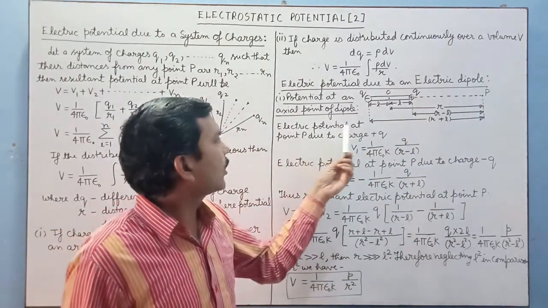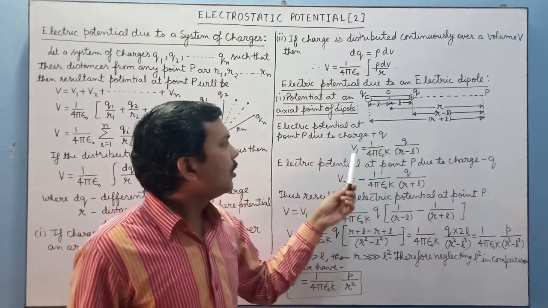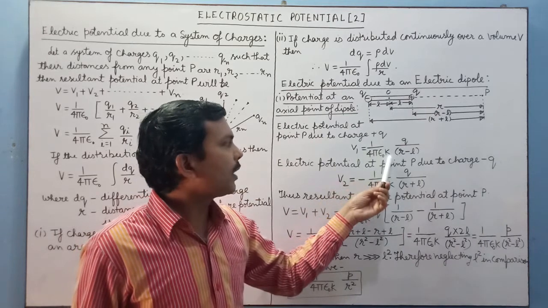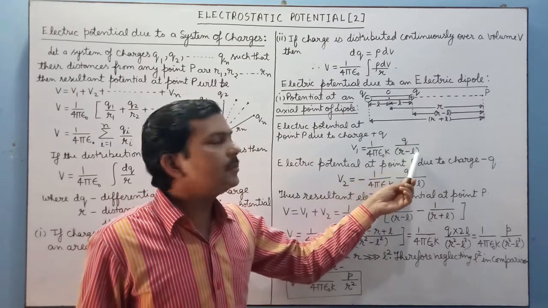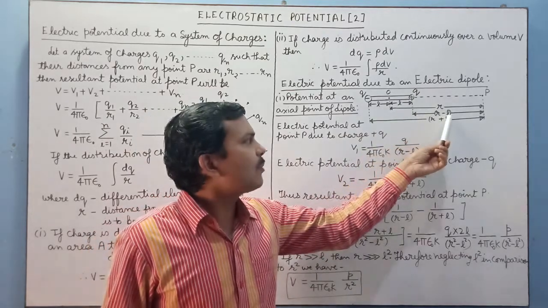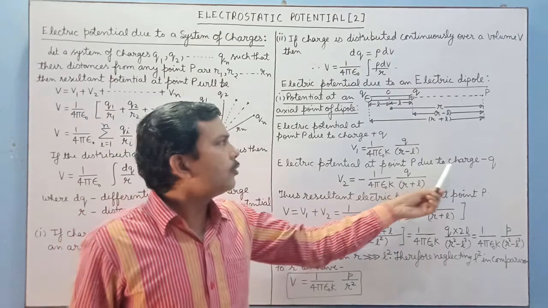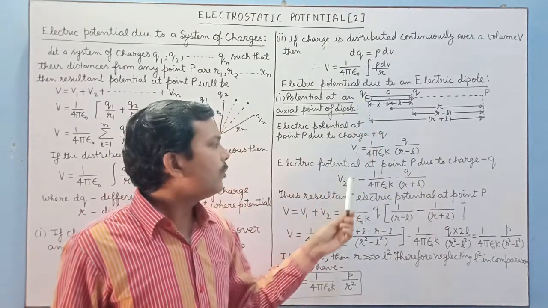So the electric potential at point P due to the plus charge will be V1 equals 1 upon 4 pi epsilon 0 k times q upon r minus L, because the distance of q from P is r minus L.